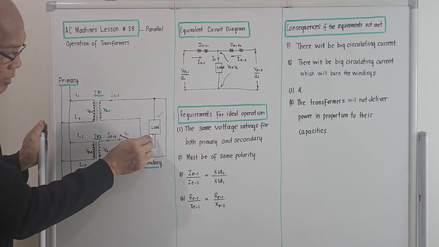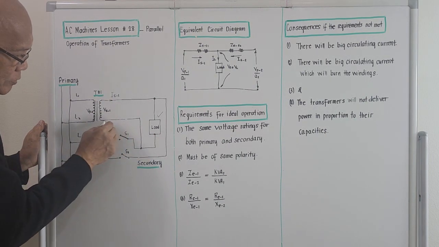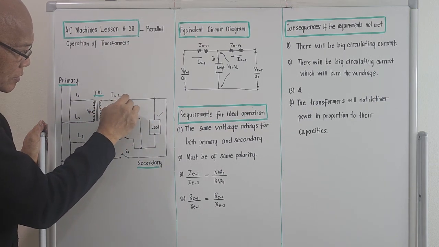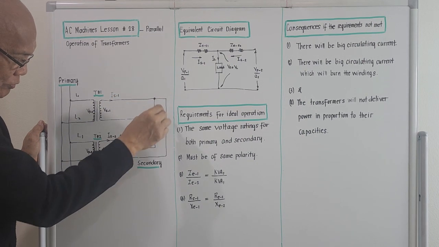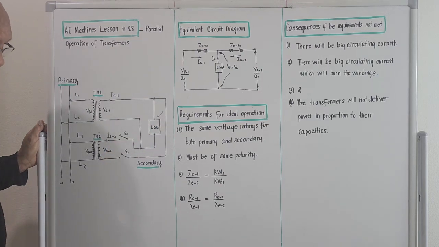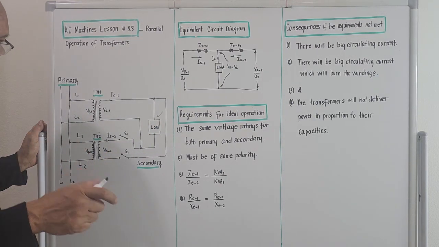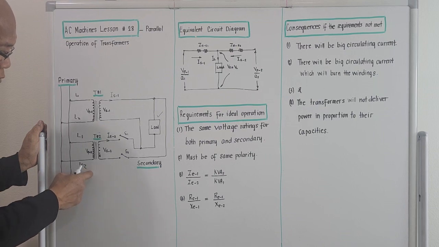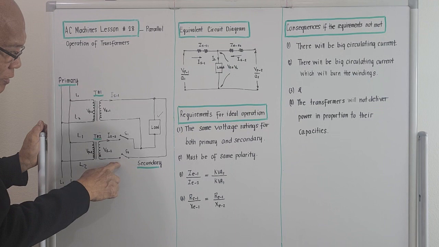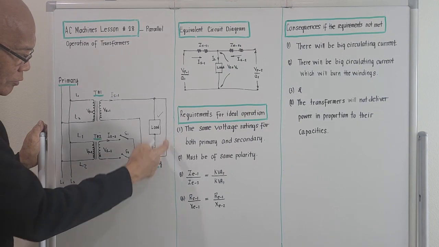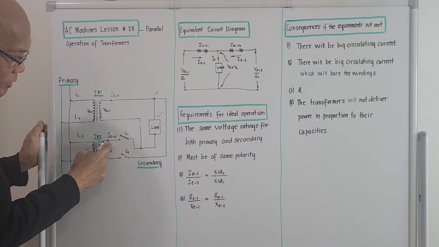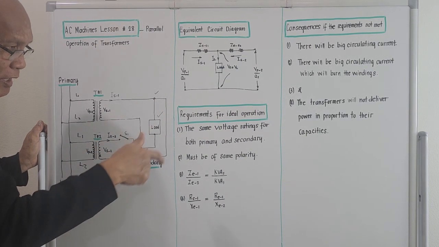It goes to one terminal of the load, and line number 2 of the secondary portion goes to the other terminal of the load. For it to be connected in parallel with transformer number 2, this portion here should also be connected to the other terminal, and this portion here should be connected to this. So they are in parallel.